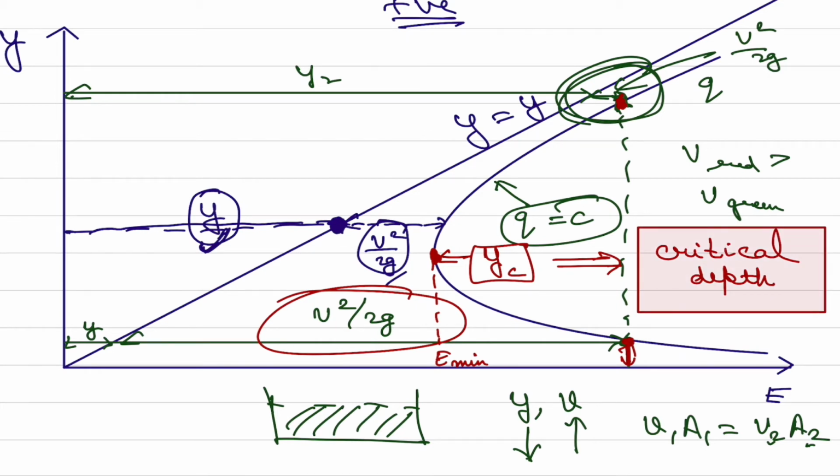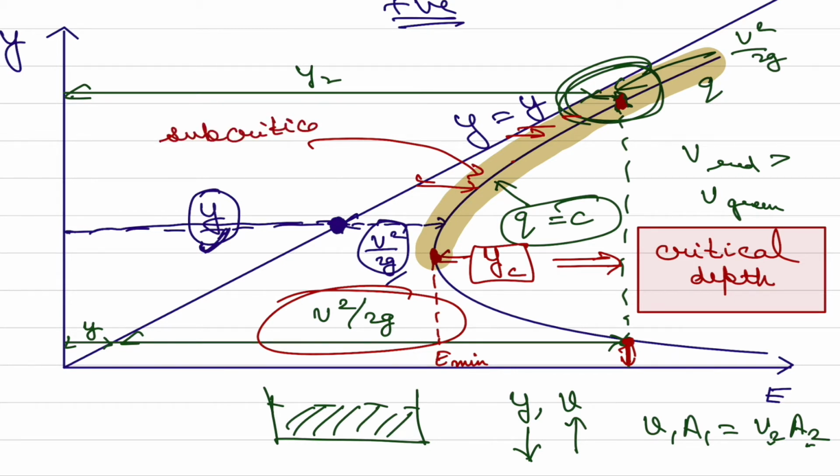This critical depth will play a very significant role when we go to discussions on hydraulic jump. Also, the portion of the curve above this critical depth represents the area where your height is greater but velocity is lesser. After this point, you see that your velocity keeps decreasing as elevation increases, and we call this region that I have just highlighted in yellow the area of subcritical flow.